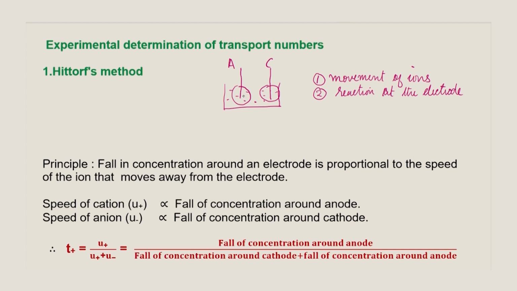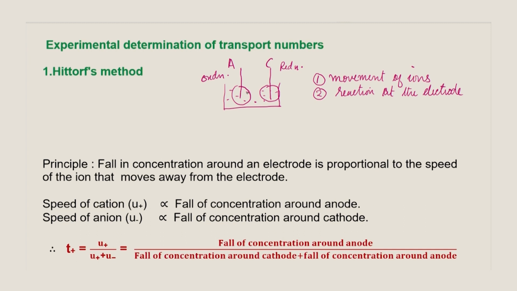So, around the anode, the ions will be moving away from the anode. The anode is an electrode at which oxidation takes place, that is removal of electrons, and the cathode is where reduction takes place. So, those ions which want to get reduced have to move to the cathode.